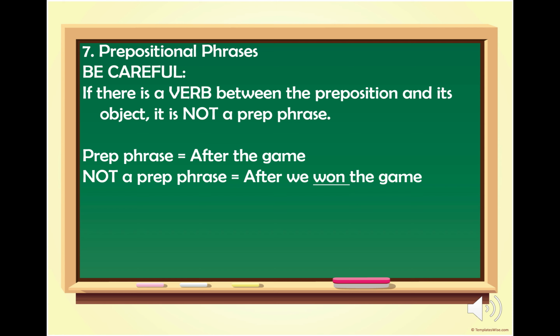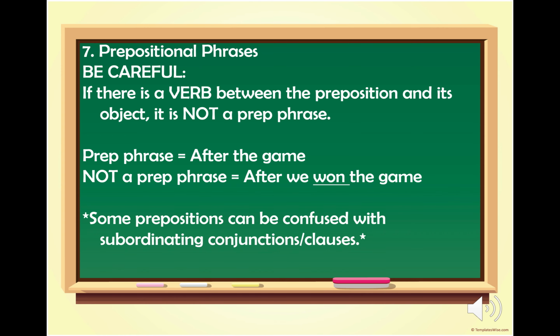In the sentence, after we won the game, there is a noun and a verb after the word after. It has a subject and a verb, even though it can't stand alone. This is going to be a subordinate clause, so in this sentence, after is a conjunction. We will be talking about that this semester. Some prepositions can be confused with subordinating conjunctions, like I just explained.